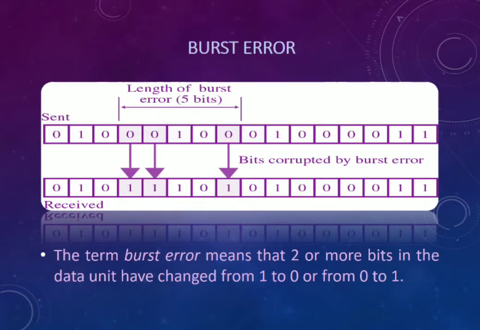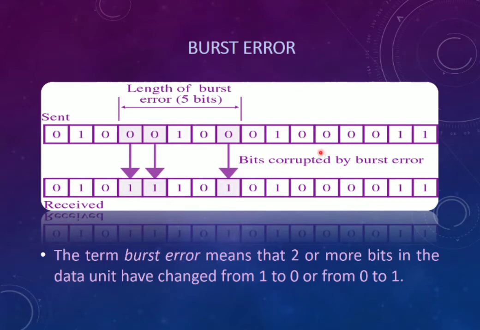Okay, so the second one is burst error. A burst error means that two or more bits in the data unit have changed. Here the figure shows the effect of a burst error on a data unit.